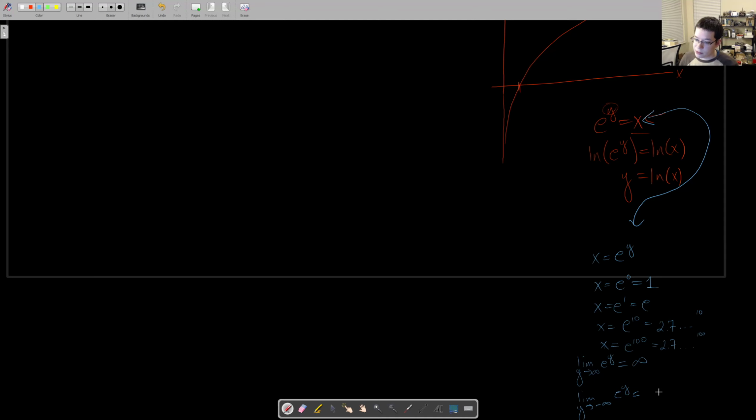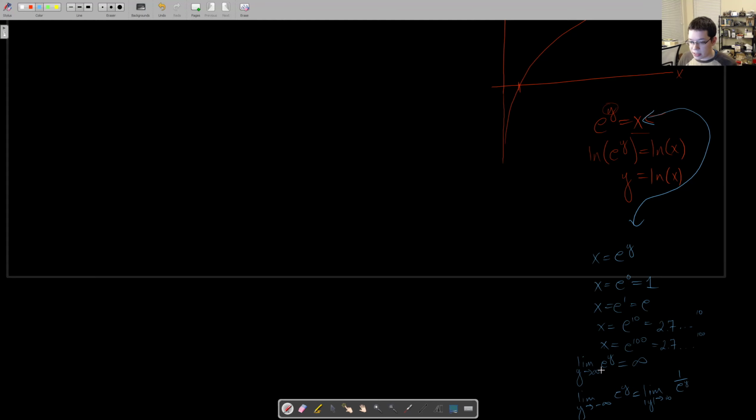Well, that just means the limit as the absolute value of y goes to positive infinity of e to the negative y, or 1 over e to the y.